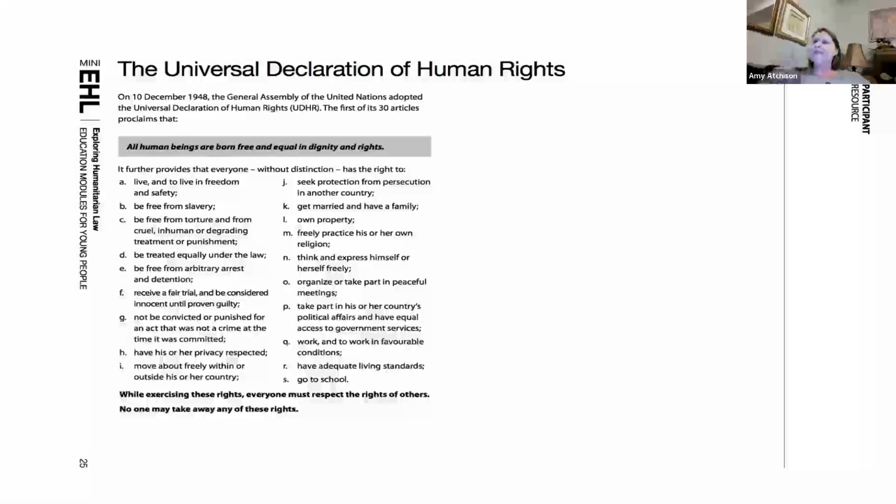That comes in handy in the next lesson, so that's why I'm making sure to point it out. Whereas IHL applies only in times of armed conflict, whether it's international or non-international.